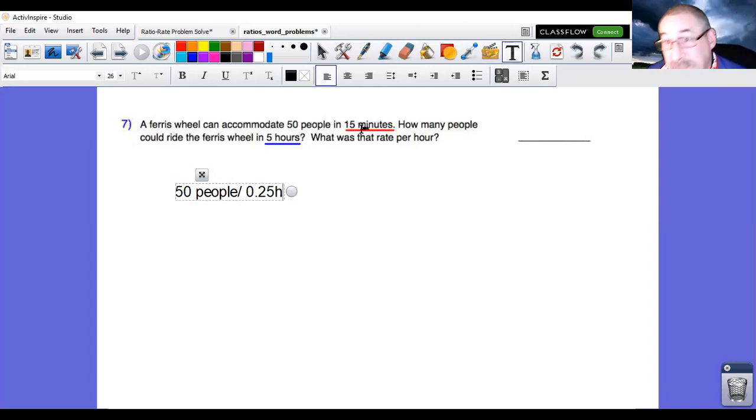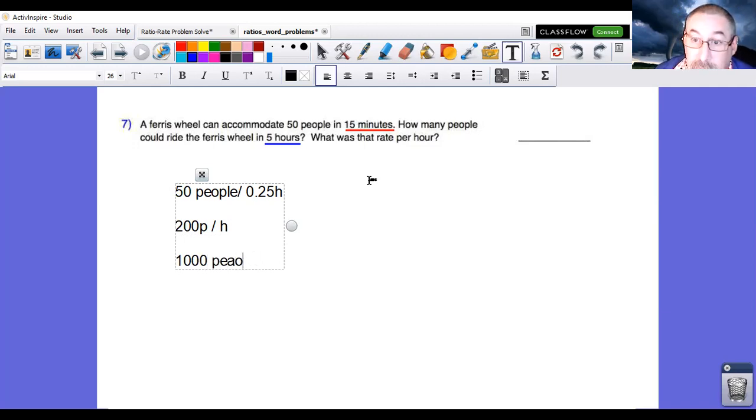I got that because there's 15 over 60, because there's 60 minutes in an hour, and that gives me 1/4, or 0.25. So my unit rate is going to be 50 divided by 0.25, which gives me 200 people per hour. Now, 200 times 5 gives me 1,000 people.